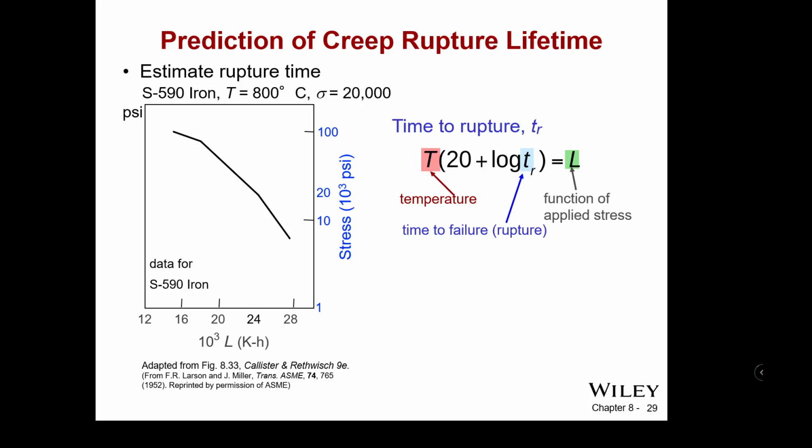It's in Kelvin hours, the way that it's presented here. So it's a factor including temperature and time. So the longer that stress is applied at that given temperature, the lower the overall stress is to create rupture. So the material weakens over the course of time.